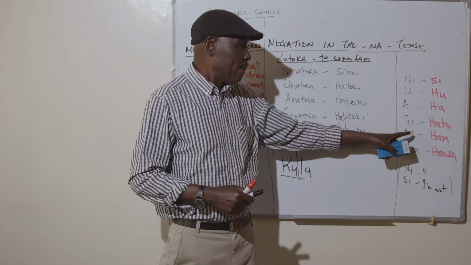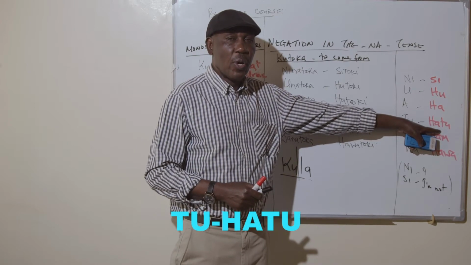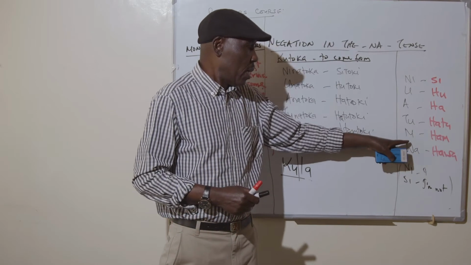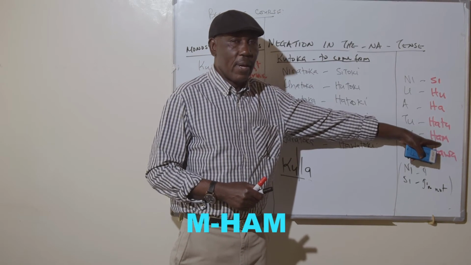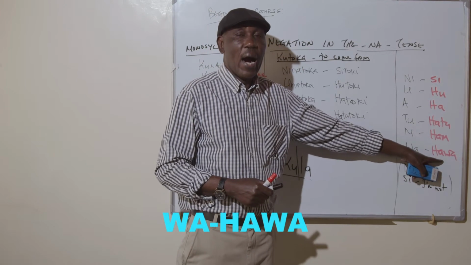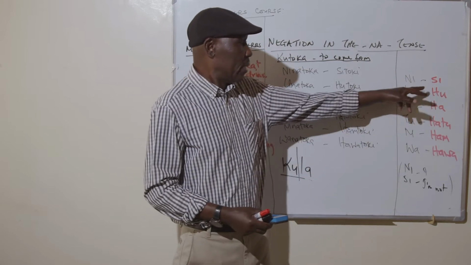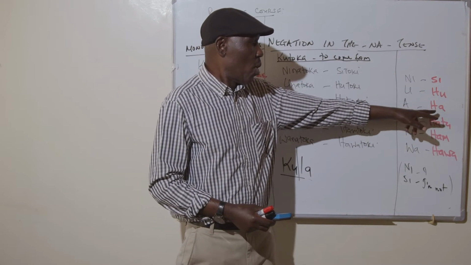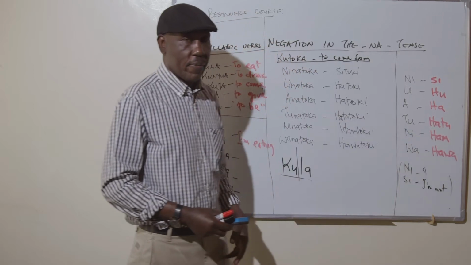Tu is negated hatu. Is negated ham. Wa is negated hawa. So it's si, hu, ha, hatu, ham, hawa.